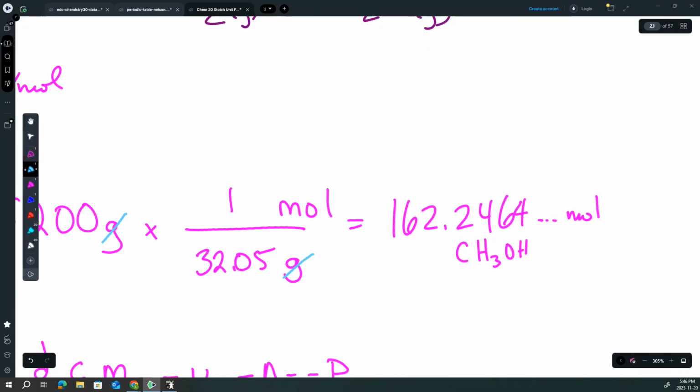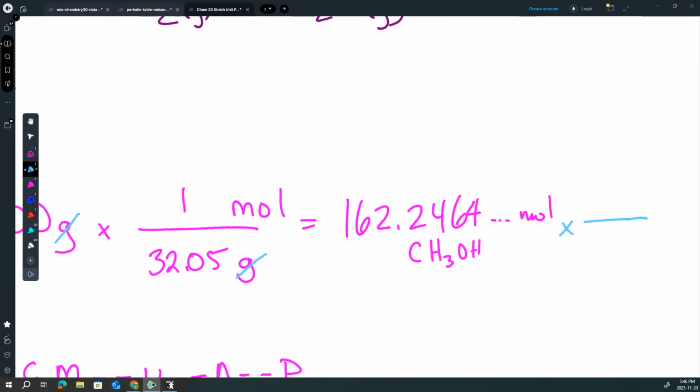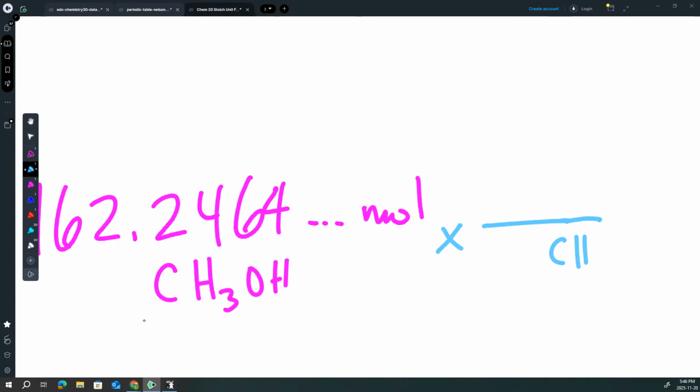Step 3, use your mole ratio to convert moles of given into moles of your unknown or your wanted substance. I'm going to have to squish this in a little bit, if that's okay. So our given substance is CH3OH. Our wanted substance is oxygen.